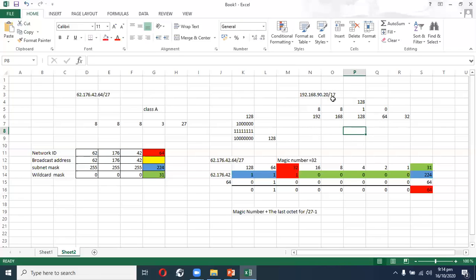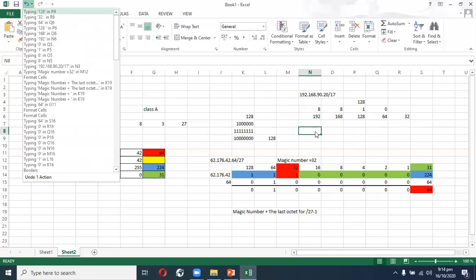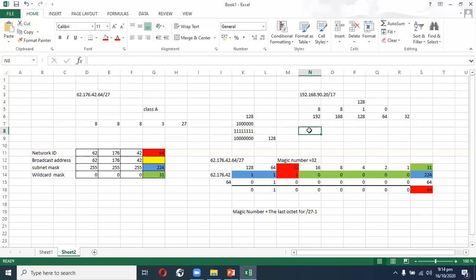Let me give you one more example. If it's slash 20, what will be the magic number? 8 plus 8 is 16, and 16 plus 4 is 20. So here we have to use our formula: 128, 64, 32, 16, 8, 4, 2, 1.